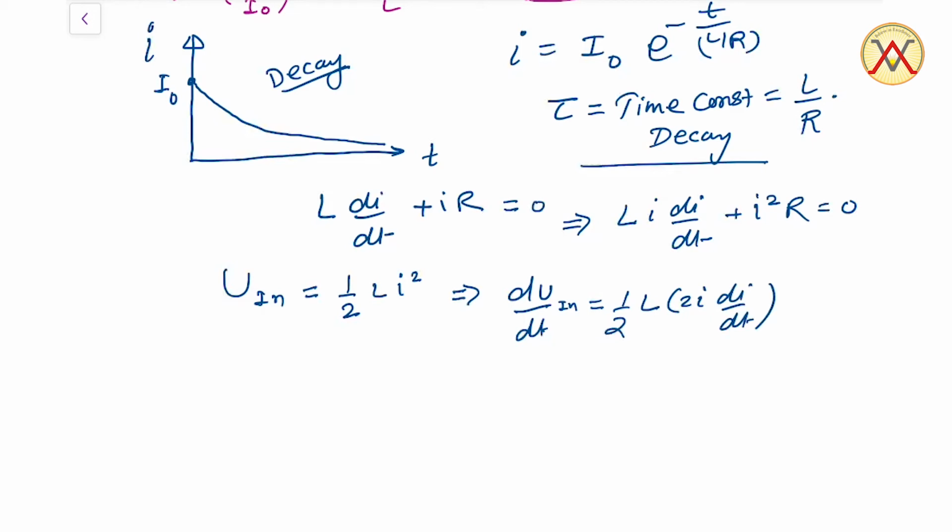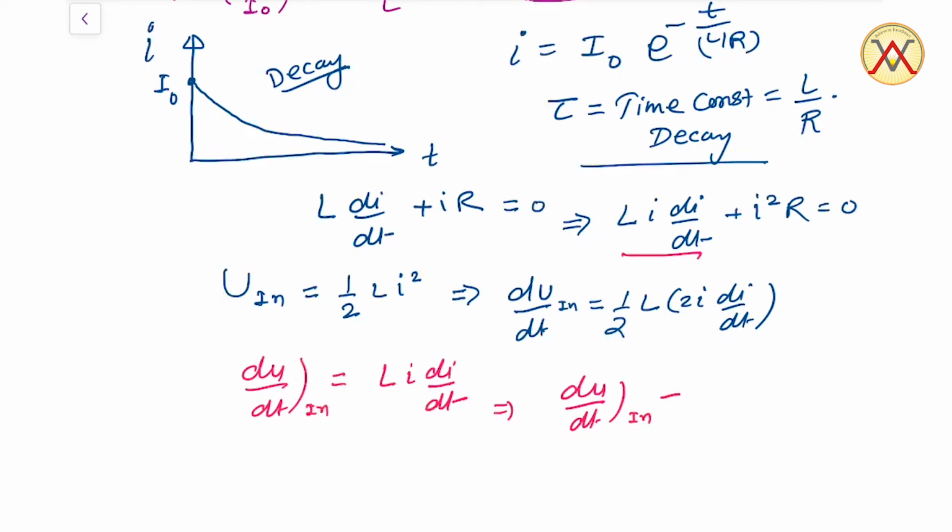On solving this we get du by dt of the inductor equals Li di by dt. That means this term is our du by dt of the inductor, and this other term is the rate of heat dissipated in the resistor.